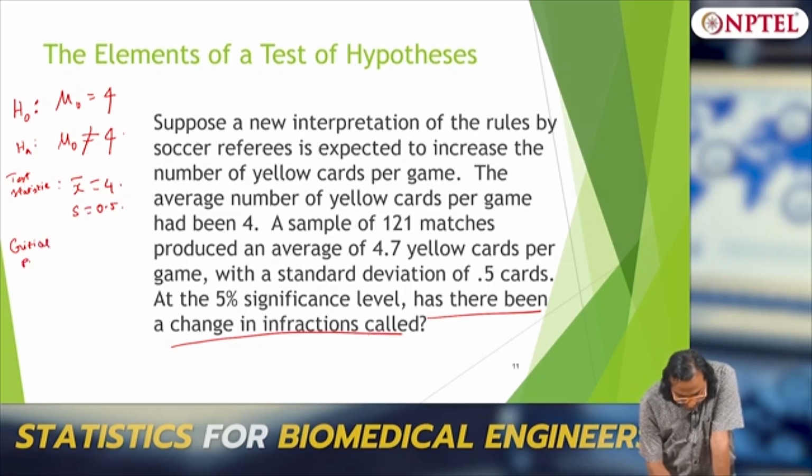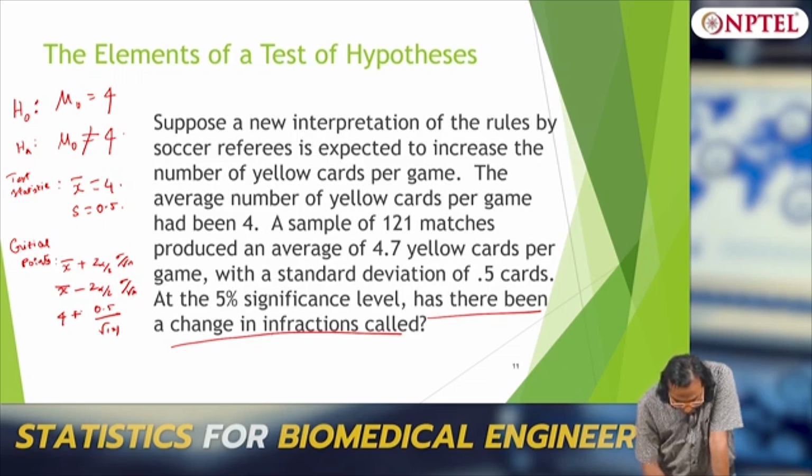What are the critical points? X bar plus Z alpha by 2 sigma over root n. It is two sided, so you have both. That is 4 plus 0.5 by root n, which is root of 121, which is 11, into Z alpha by 2 which is 1.96, because this is 95%.